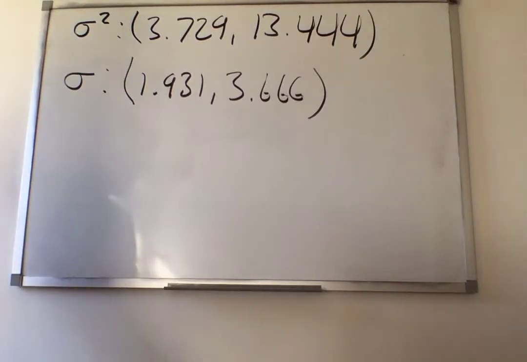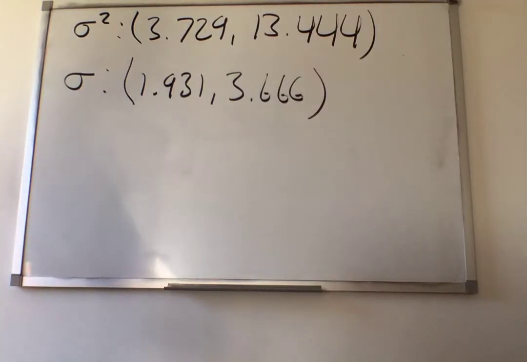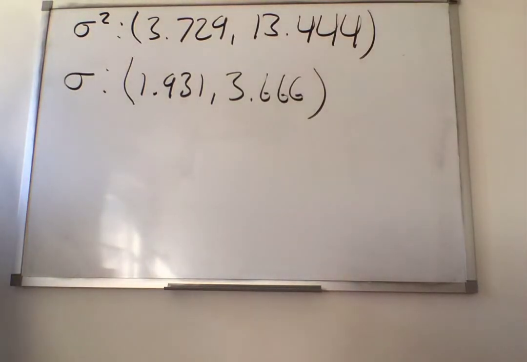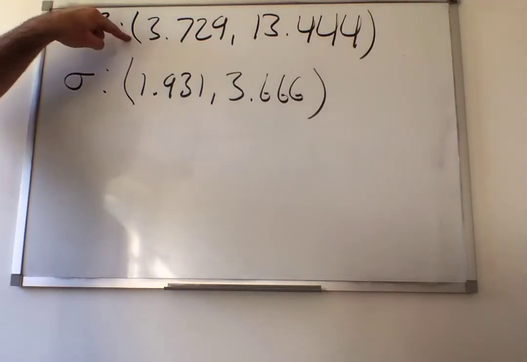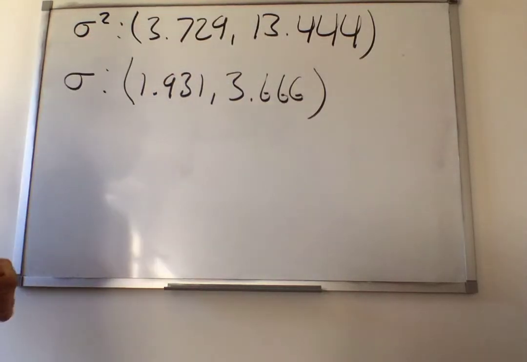So, the question asks, construct a 95% confidence interval for the weight of these 15 dogs, okay? Now, we do not know the true population variance of the weight for the adopted dogs. So, what we did, we found a 95% confidence interval for the variance of the adopted dogs, okay?